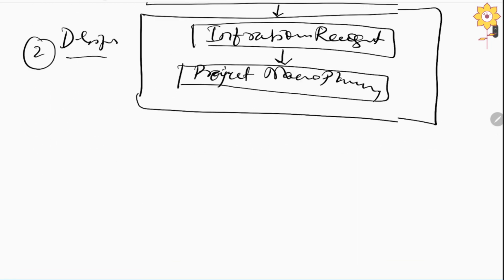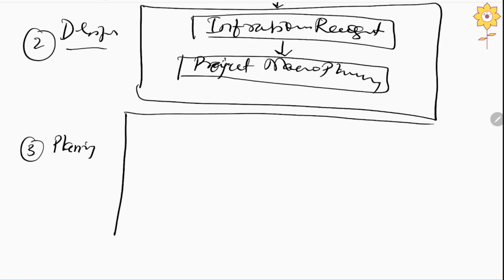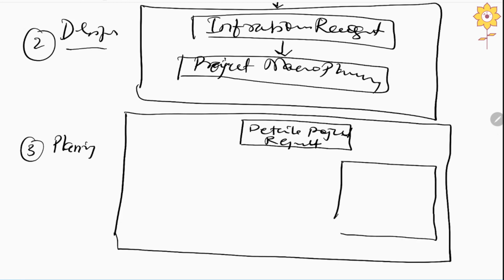Moving to the third phase, which is our planning phase. Now, in planning phase, we have different modules which are connected with one another. Starting with the first part of this planning phase, which is detailed project requirement. Then we also have identification of various data warehouses or data marts.